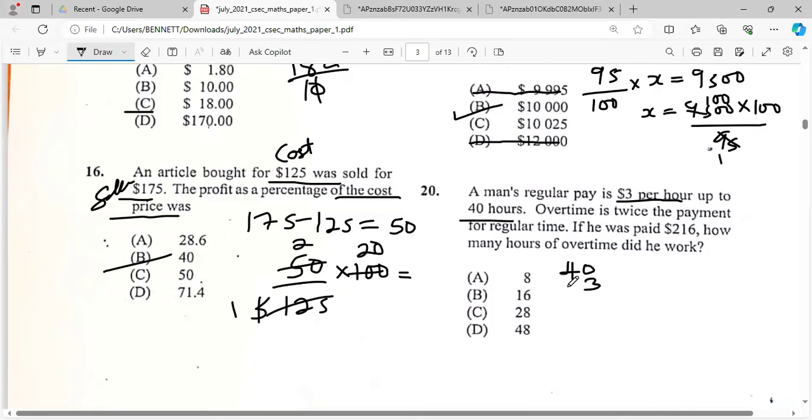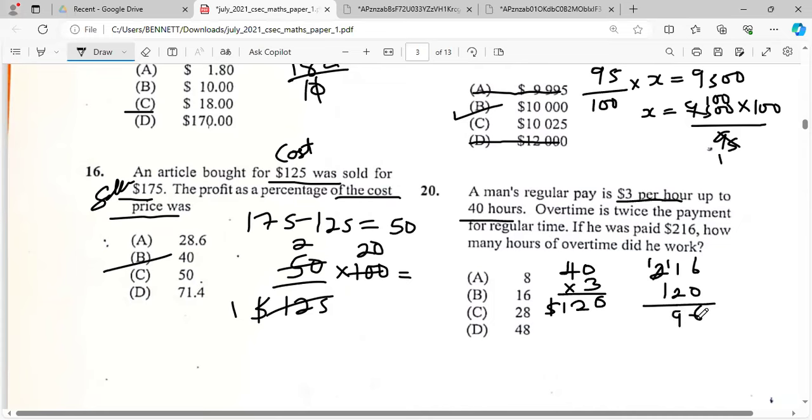So basically, the maximum you can get from the regular is 120, right? So we can see the difference between the overtime and the regular, which is 216 minus 120, so that's 96.